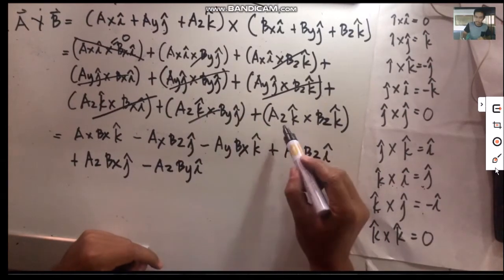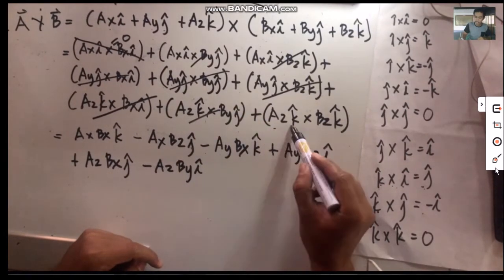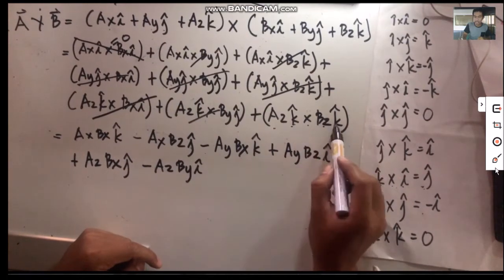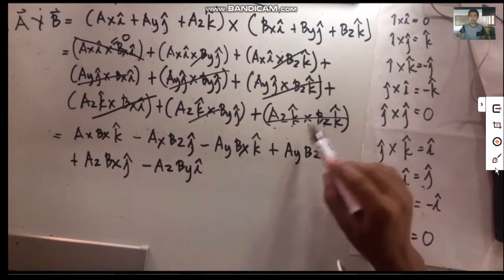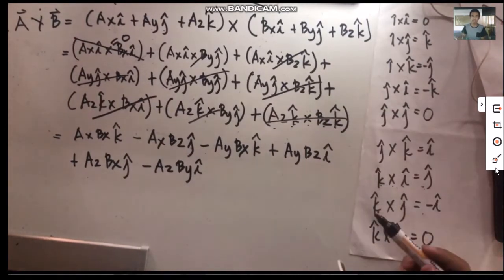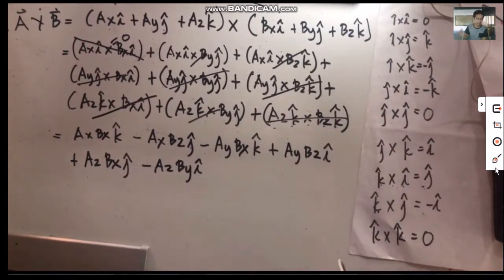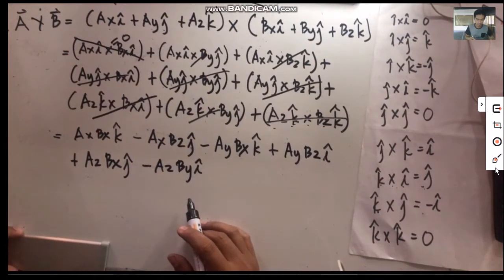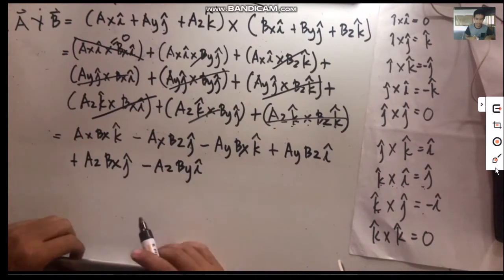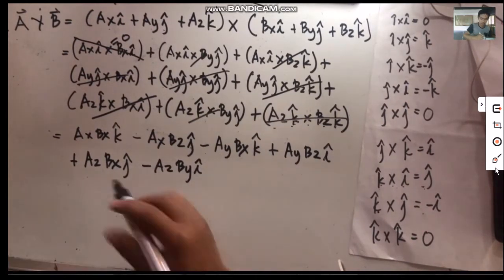And next, this one, az k hat cross bz k hat. K hat and k hat are parallel, so we can cross that one out since the cross product of parallel vectors is 0. And then we can arrange this. We can combine like terms here.